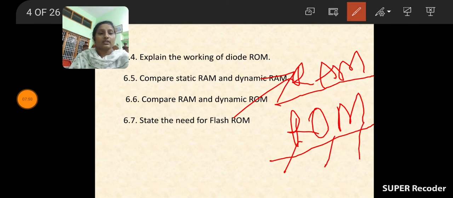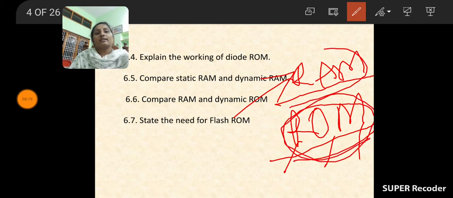The name itself indicates it is read only memory. Here there is a possibility of only reading the data. We are unable to enter the data. We, meaning users, are unable to modify the data already there in memory, and we are unable to enter new data. We only read the information from the memory. So these memories are called read only memories.